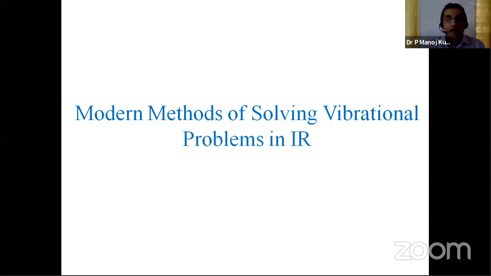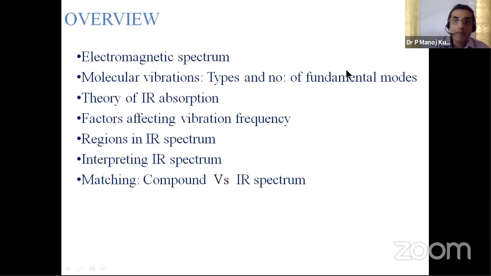So, the topic of today's presentation is the modern methods of solving the vibrational problems in IR spectroscopy. The topics which will be touched upon in today's session: a small introduction regarding the topic before we directly go on with the interpretation part, the electromagnetic spectrum, molecular vibrations, the theory of IR absorption, what are the factors that affect the vibrational frequency, what we should be looking for, or is the entire spectrum useful for us?